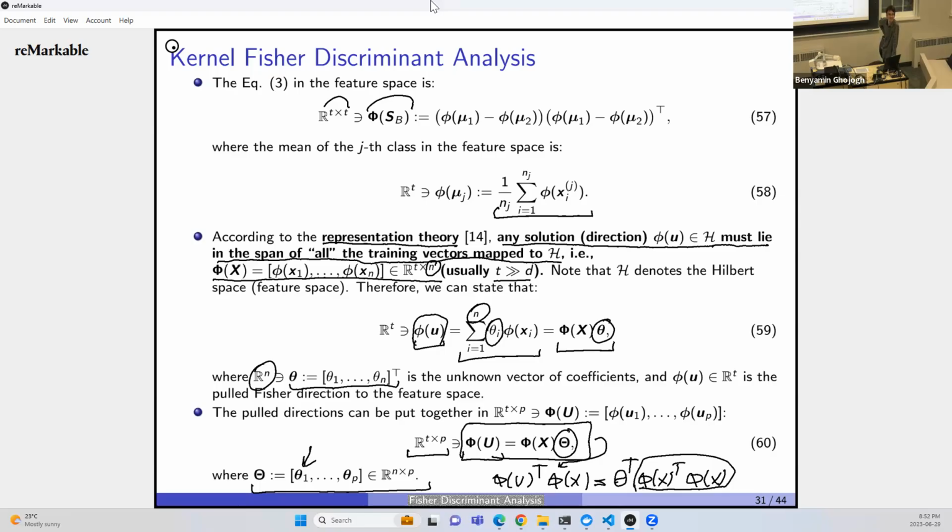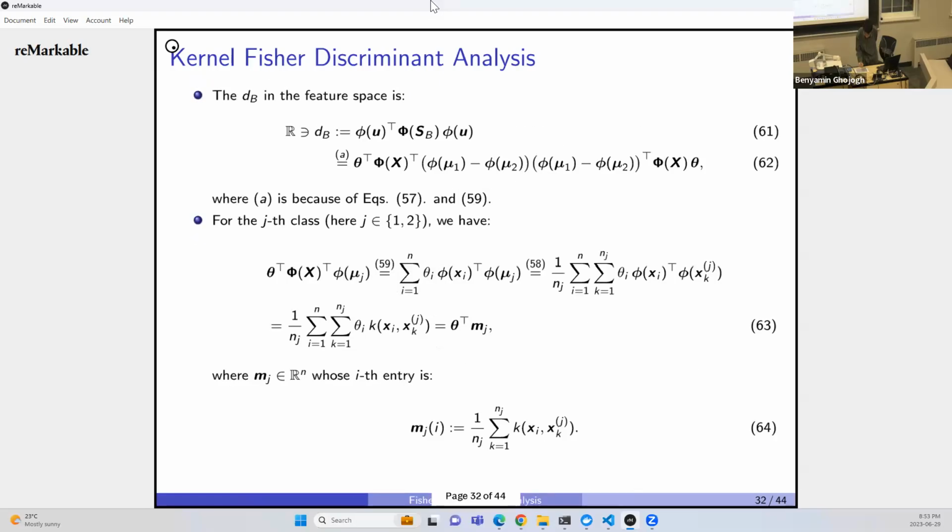Did you get it? Why do we use kernelization? Whenever our algorithm is usually linear, right? In linear projection, we always have U transpose x or phi U transpose phi x. So if I use equation 60, I will end up with phi of X transpose phi of x. Then I can use the kernel trick. Although I didn't have phi of x transpose phi of x, I made it.